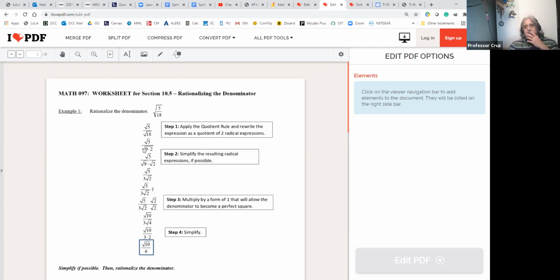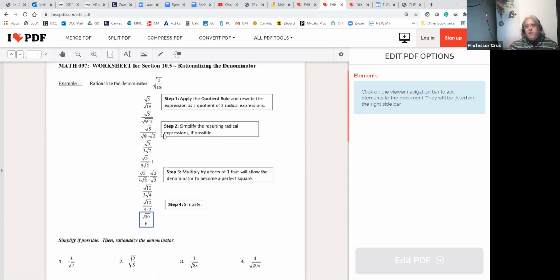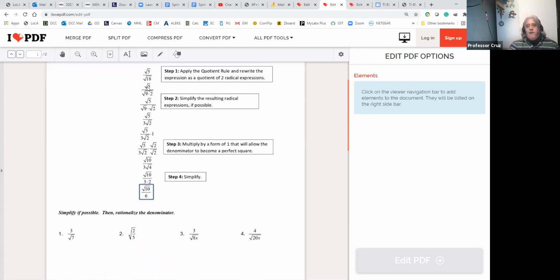Square root of 18 is the square root of 9 times 2. So that means square root of 5 over the square root of 9 times the square root of 2. The square root of 9 breaks down into 3, and we still get a square root of 2 down there. Now that's a lot smaller number to multiply by than the square root of 18.